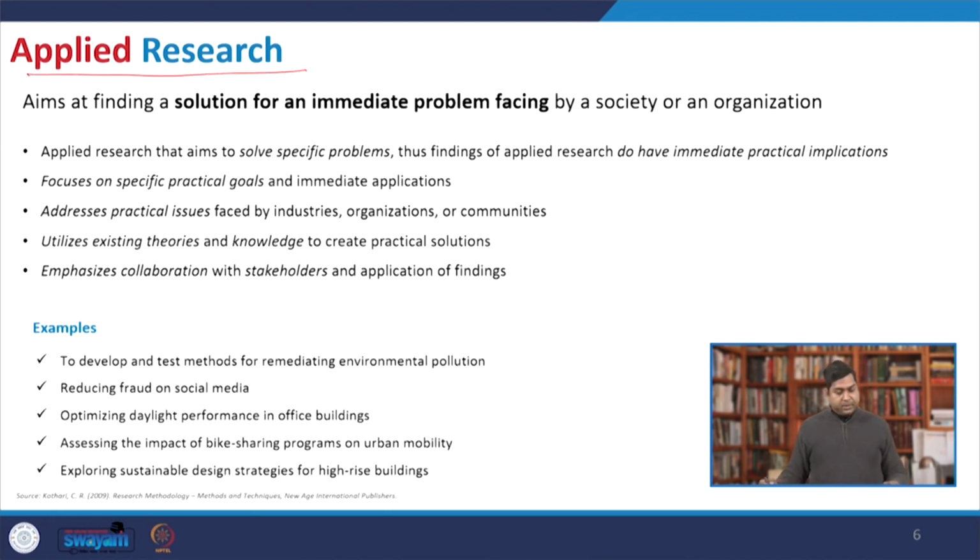It aims at finding solutions for immediate problems facing a society or an organization. A research can be done in different ways. One may be for the advancement of the current theory, whatever law, theory, or phenomenon there is, and then you keep on experimenting or investigating to improve it, the way we have now.